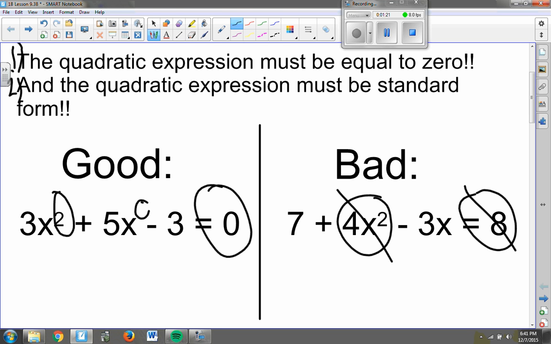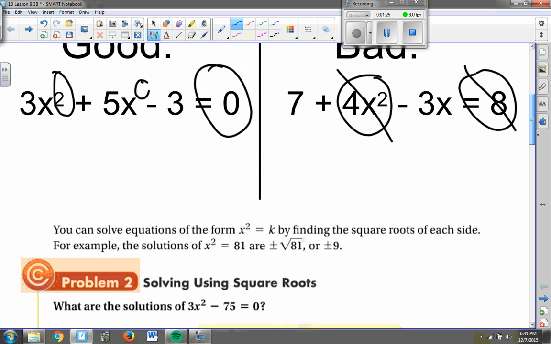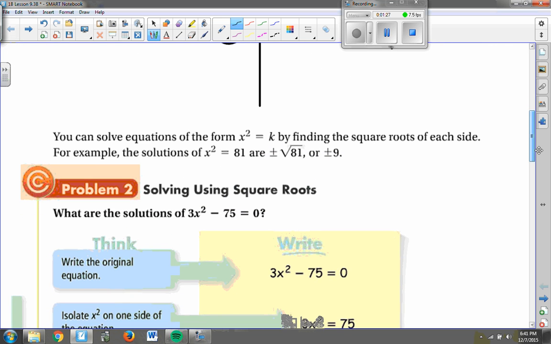Now, when you have it in the form that you can solve, if there is only an x squared piece and a number, meaning no b value, no x component here, we can solve just by taking the square root after we solve for x squared.